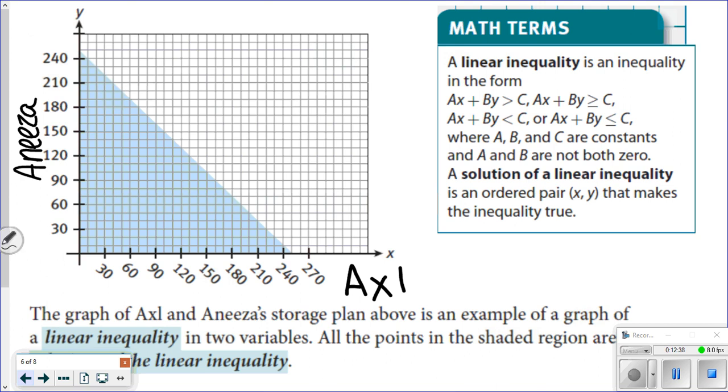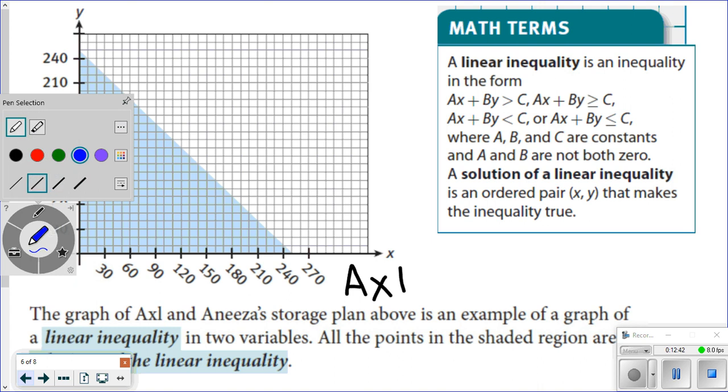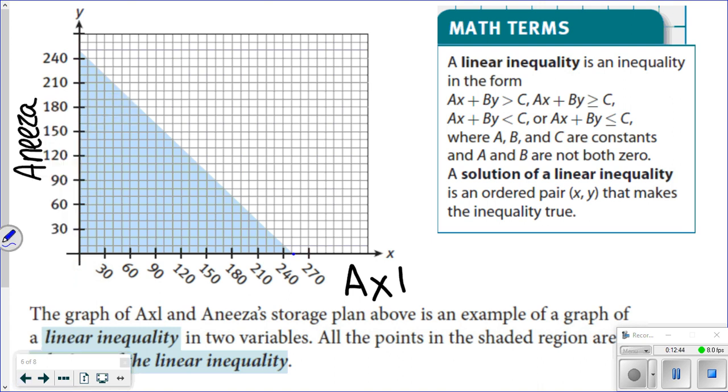My x-intercept right here for Axel is 250. If he's using all of the data, Anisa doesn't get to use any. My y-intercept up here is also 250. So if Anisa's using all the data, Axel doesn't get to use any.